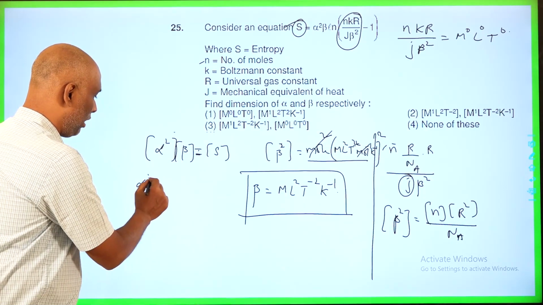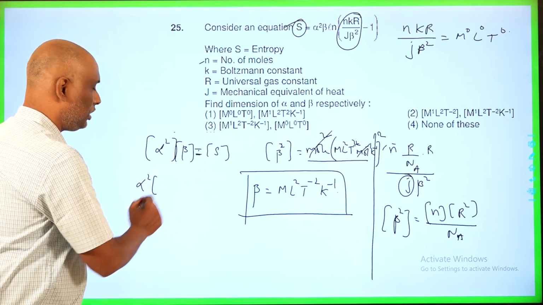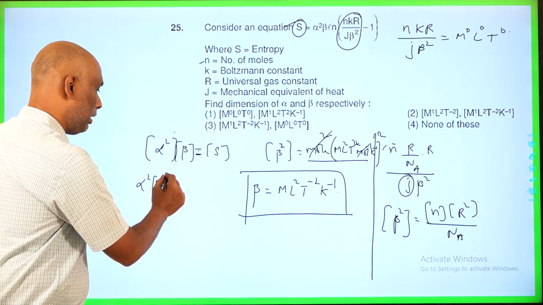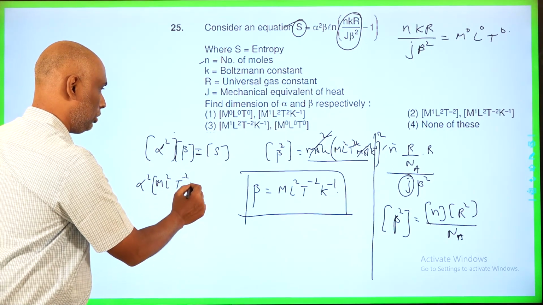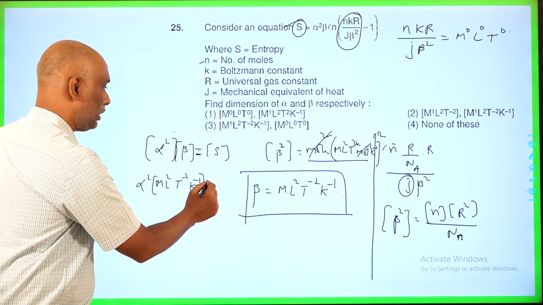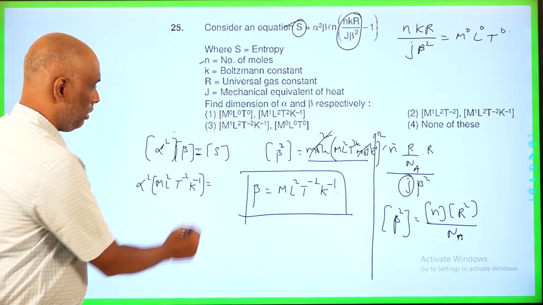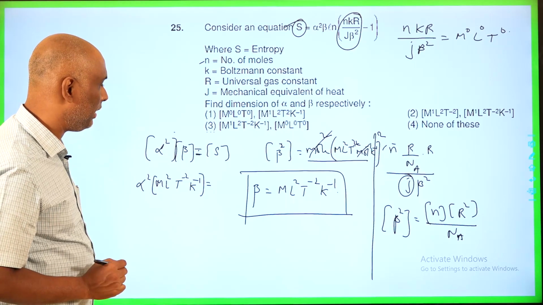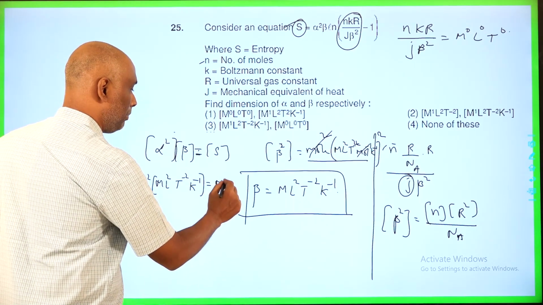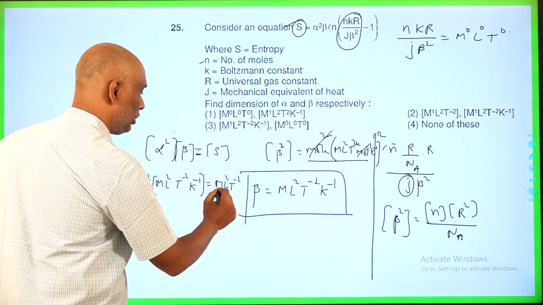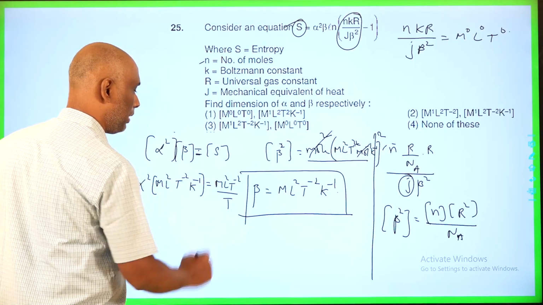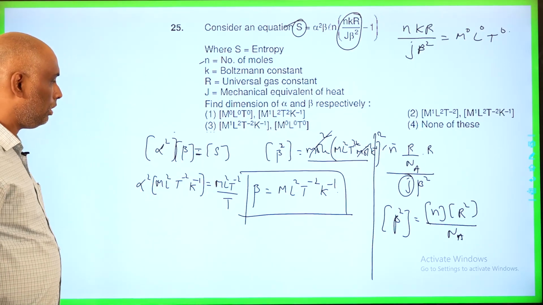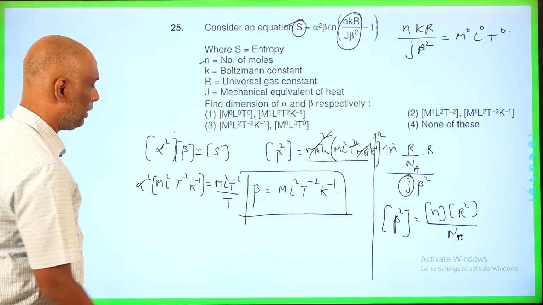Already we got ML square T power minus 2 K to the power of minus 1 for beta. Entropy dimensional formula is nothing but energy divided by temperature, ML square T power minus 2 divided by the temperature. Now from this equation, temperature is nothing but K.